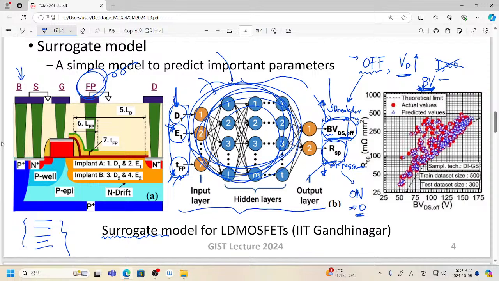Then what will happen? If your surrogate model just considers the structure with the field plate, and you kick out this field plate feature, then it cannot be used any further. So strictly, this surrogate model is bound to the template you are considering. So that is one thing.